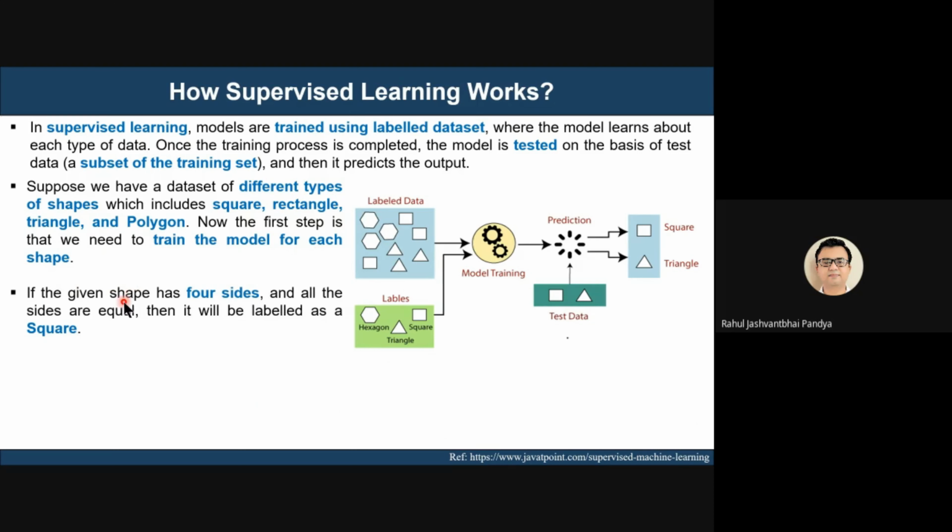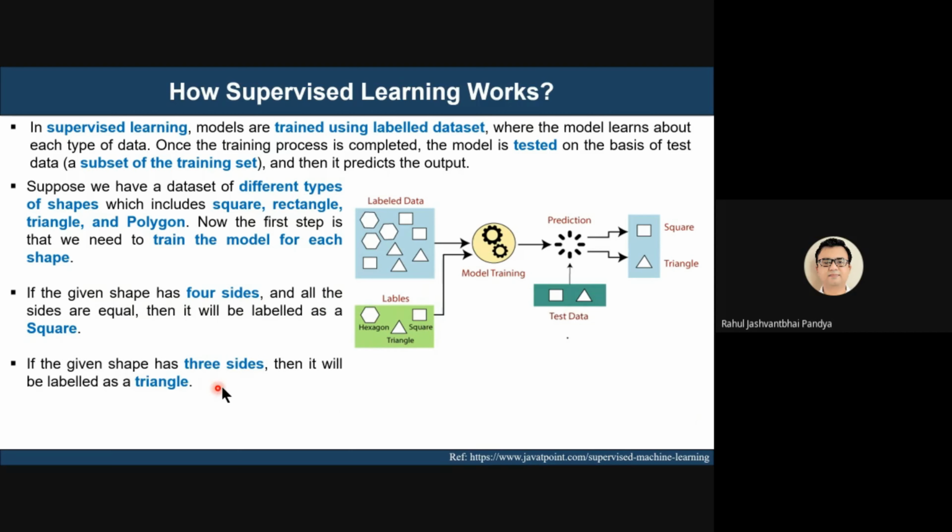If I take a square, it will have 4 equal sides. That's my feature, that's my label. So I will label that a square has 4 equal sides, and it will label that particular shape as a square.